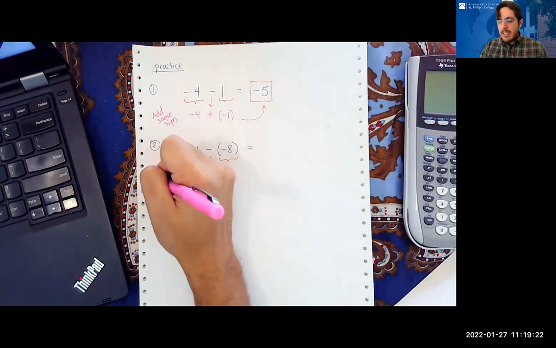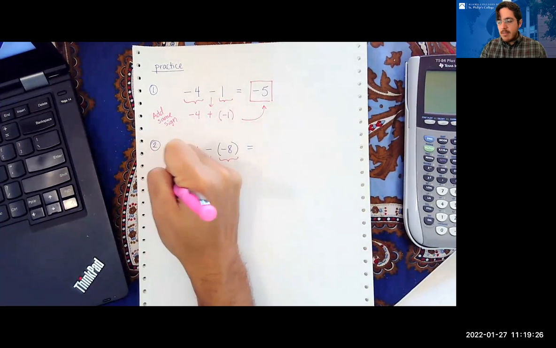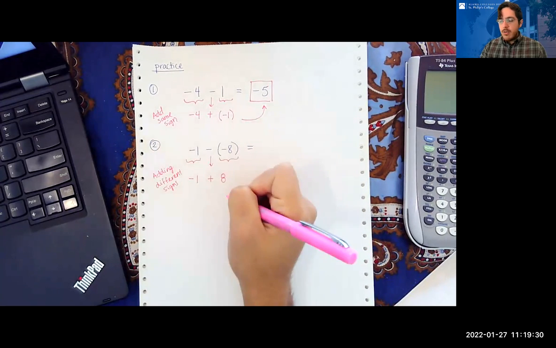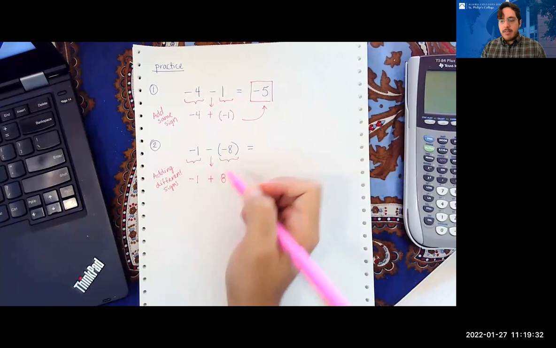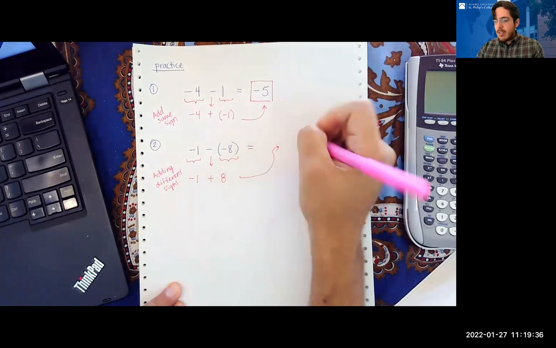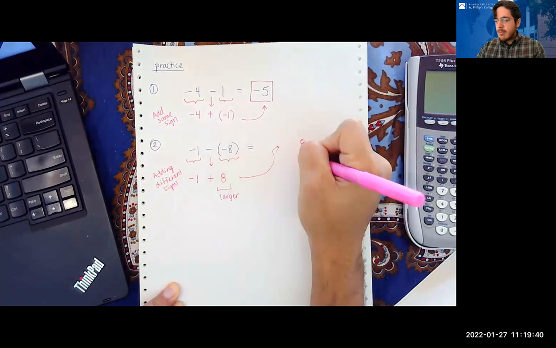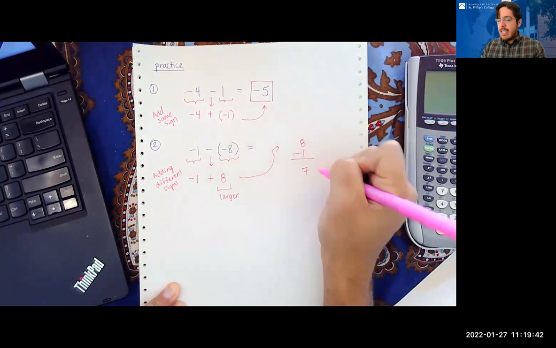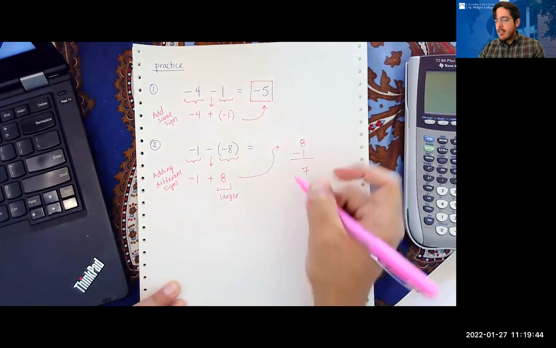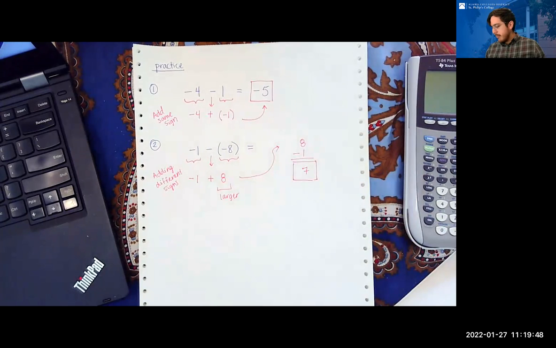Because now we're adding numbers with different signs. So negative 1 plus 8, we take the larger number, subtract the smaller number, we get 7, and keep the sign of the larger. So that's why this should stay positive. Okay. Good.